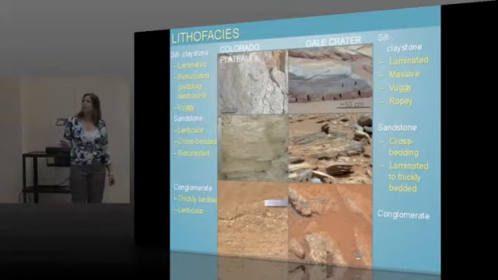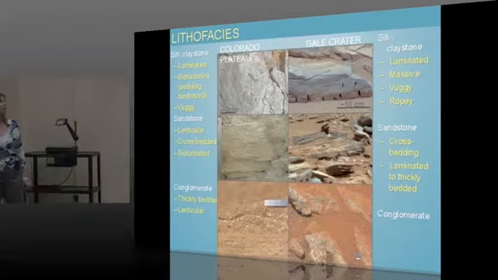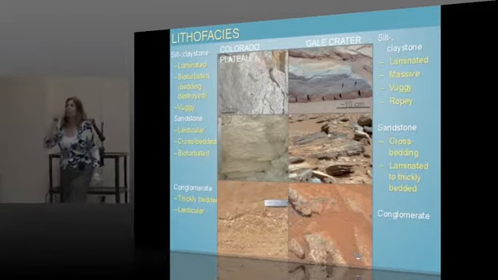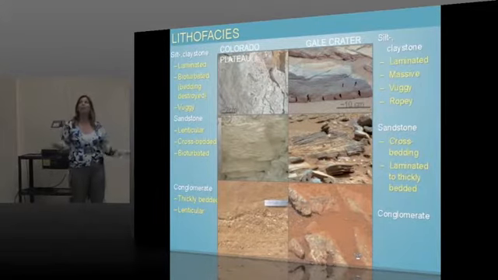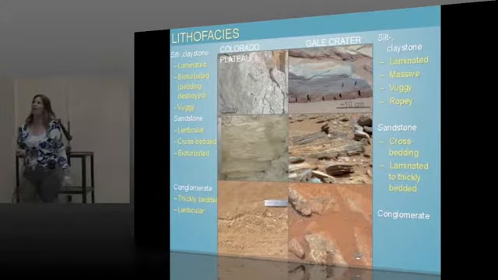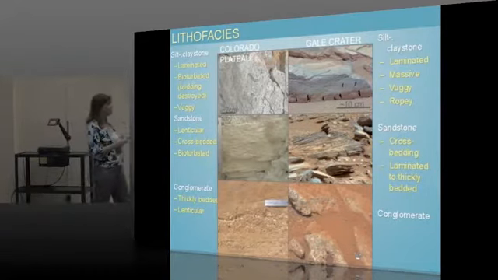So here's a comparison of the lithofacies. Lithofacies is just a fancy word that means rock type. We have basically three main rock types. There's a siltstone, claystone, and these are both on Mars and in the Brushy Basin.